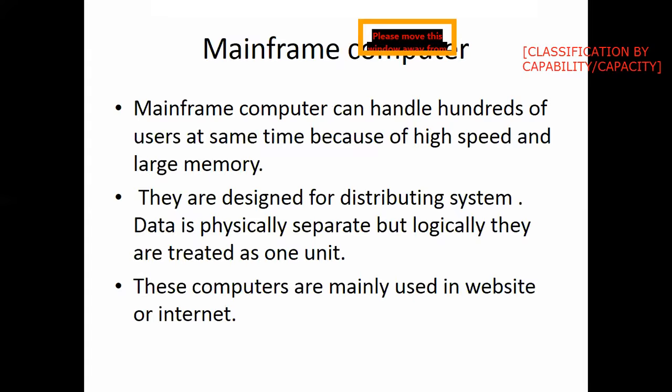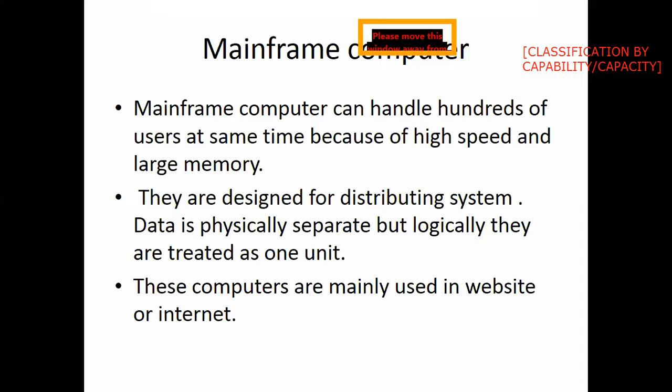Then we have the mainframe computers. These are larger than the microcomputer. If you compare these to microcomputers, you find that these are larger. They have a higher capacity and a higher speed.